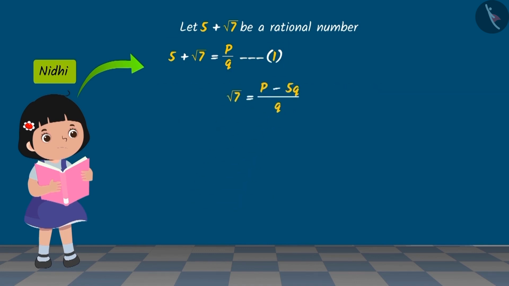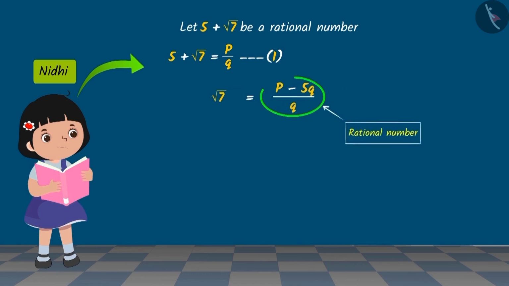You will remember that the difference of rational numbers is also a rational number. Since p and q are rational numbers, p minus 5q upon q on the right side is also a rational number. But the square root of 7 on the left side is an irrational number.